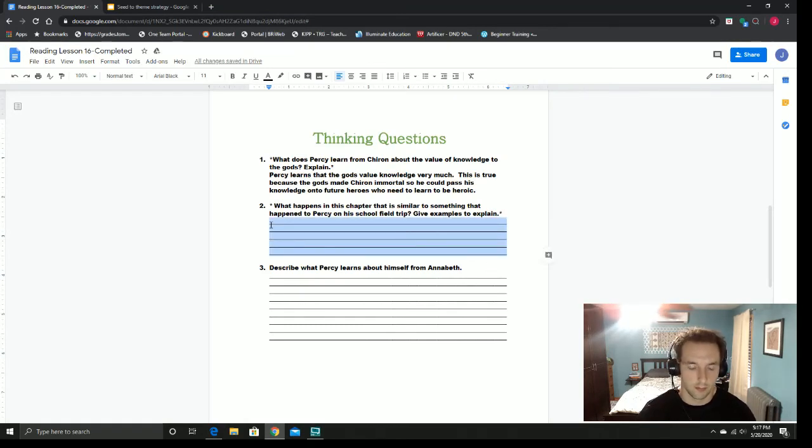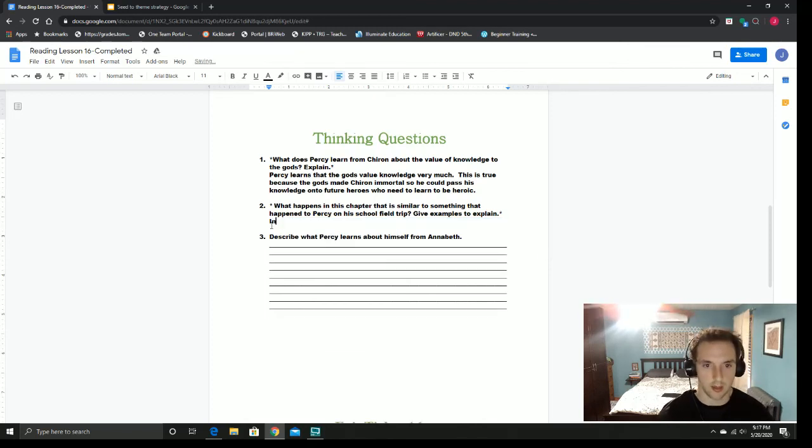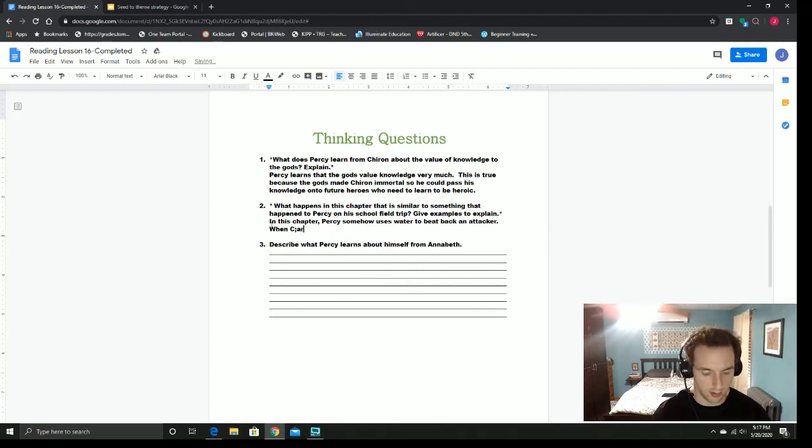So in this chapter, Percy somehow uses water to beat back an attacker. And Clarice, geez, my typing is not getting better, tries to stick his head in the toilet.